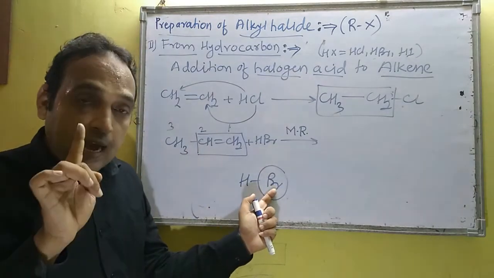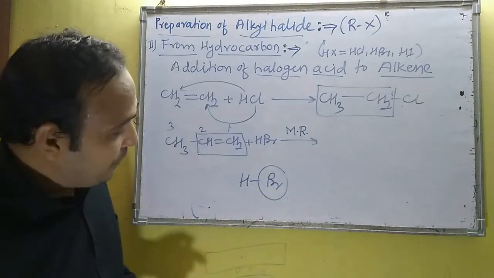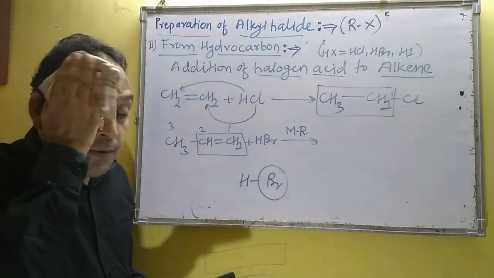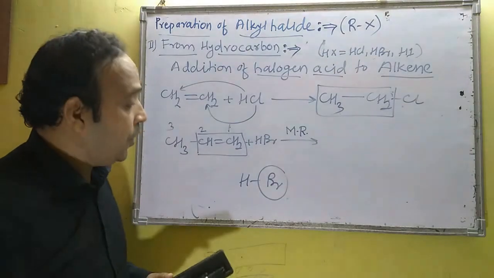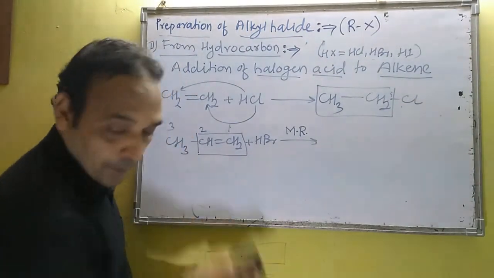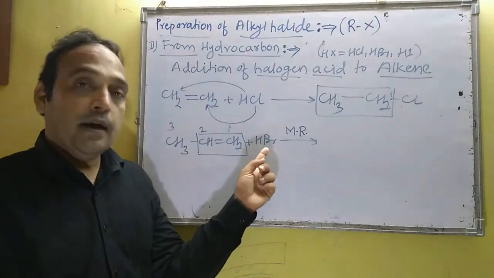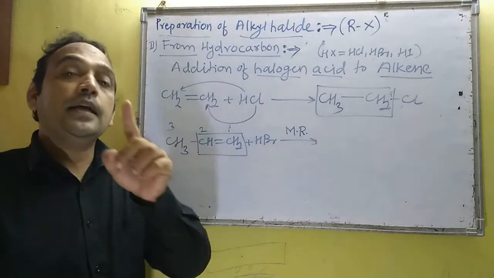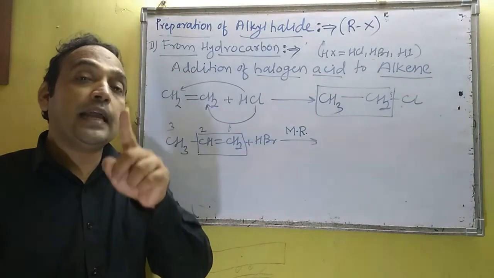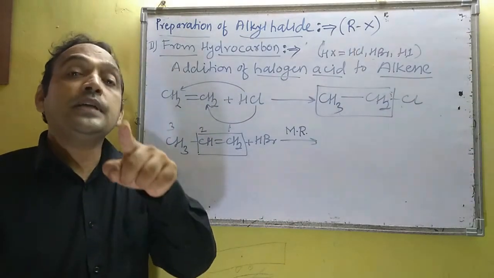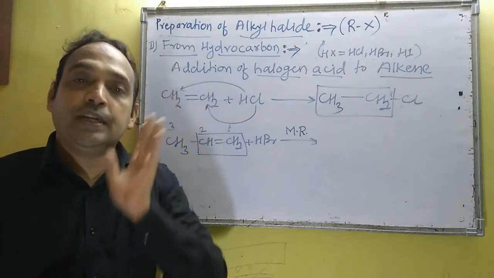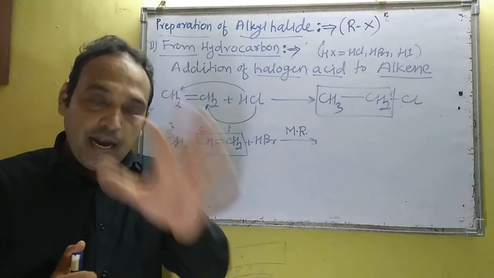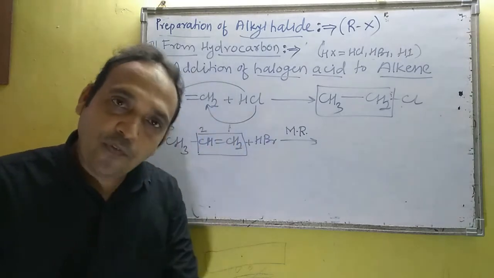If Br is highly electronegative, then hydrogen becomes electropositive. So according to Markovnikov rule, when an unsymmetrical reagent is added to an unsymmetrical alkene, the negative part of the reagent attaches to that carbon which has fewer hydrogen atoms.